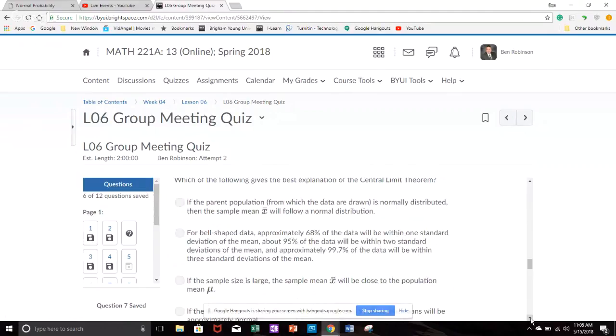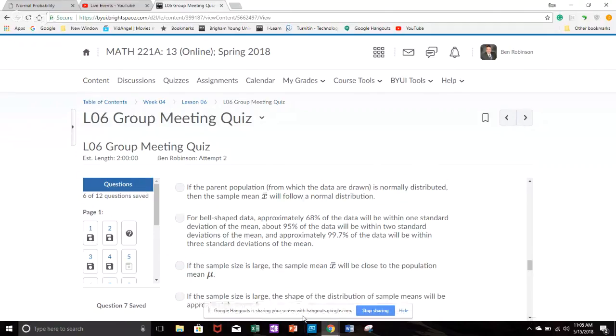Okay. It says, which of the following gives the best explanation of the central limit theorem? If the parent population from which the data are drawn is normally distributed, then the sample mean will follow a normal distribution.